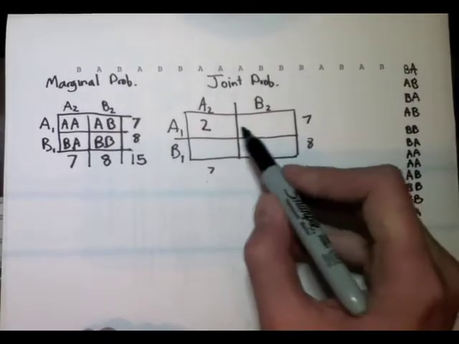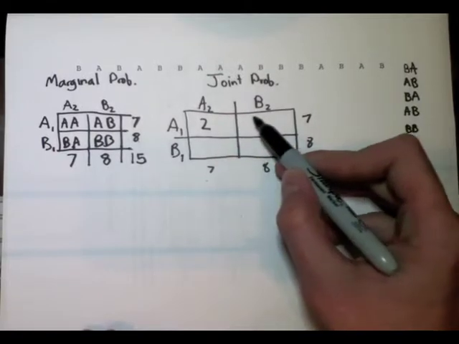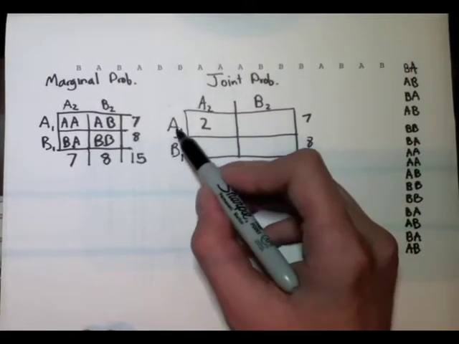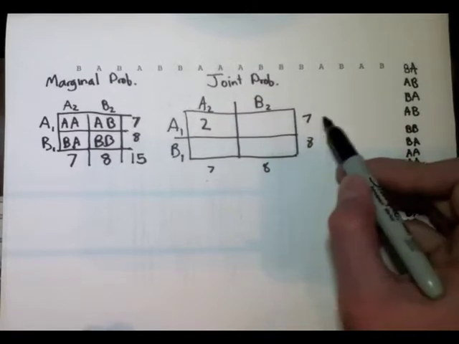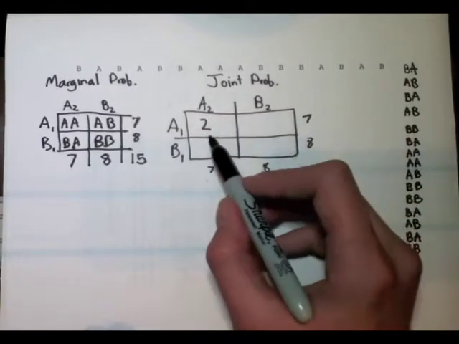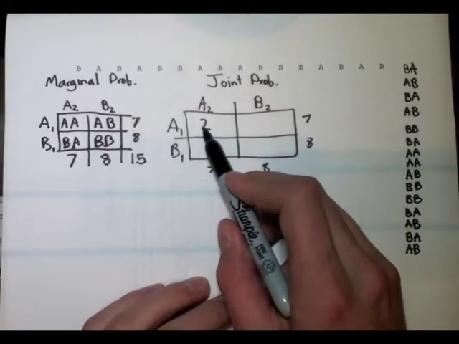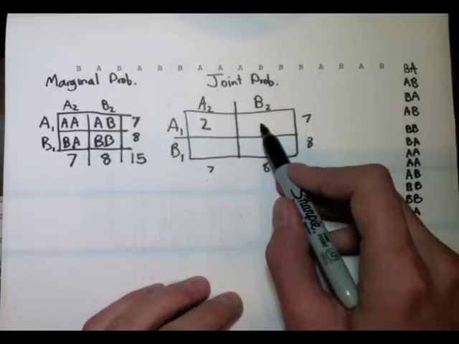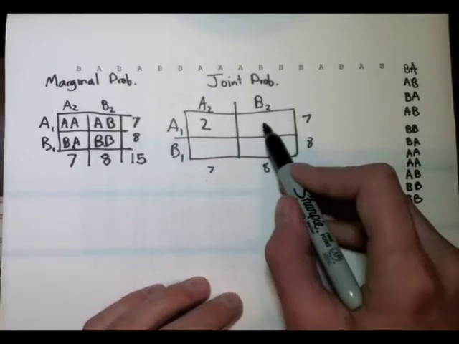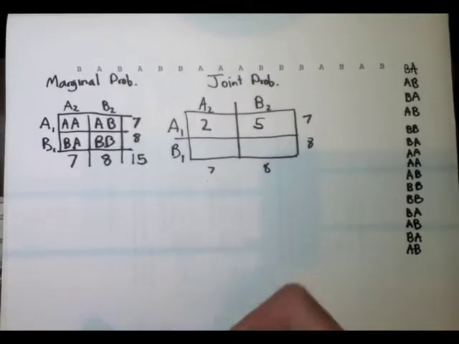Now, actually, once we know that there is only 2 AAs, we know that there's going to be 5 ABs because the A somethings have to add up to 7 because we know that marginal. So if this were a test and you were given that there are 2 here, we automatically know that this one is going to be 7 minus 2 equals 5. But I went ahead and counted them up anyways, just to be old-fashioned and to make sure that I didn't write anything down wrong because I'm terrified that I might do that.